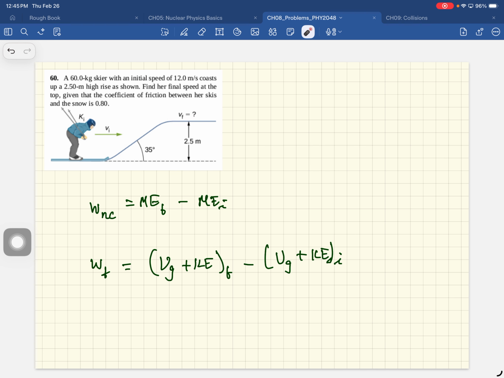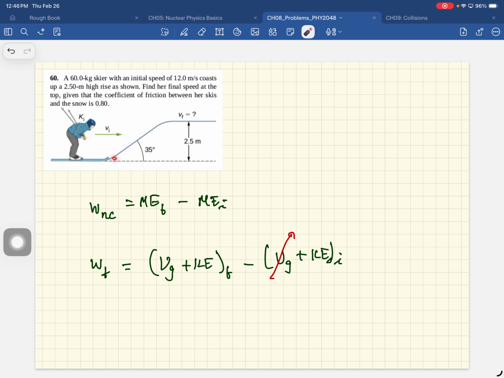Okay. We know the height, so we know this guy. We'll take this to be 0, y equal to 0, so this guy is 0. So we know this, we know this, we need to find that. So let's calculate the work done by friction force. You guys understand that? All right.